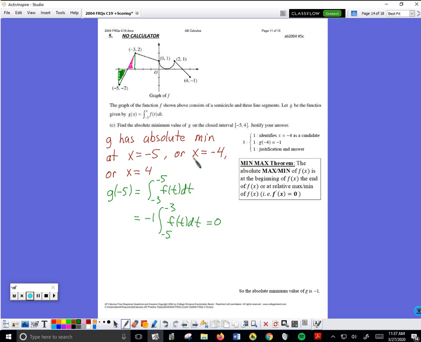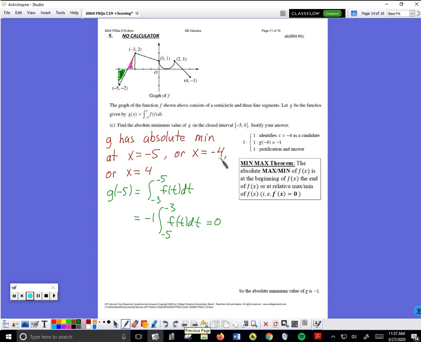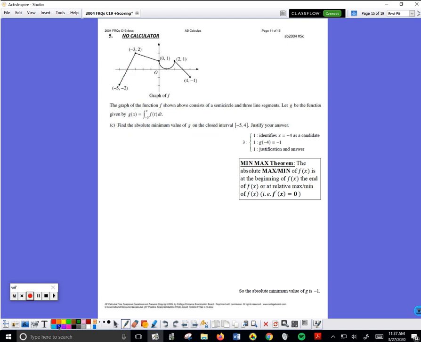We need to go find G of these two values. So I just keep doing the integrals. So I need to do G of negative 4, still using this formula. Switch the limits so I don't go backwards.